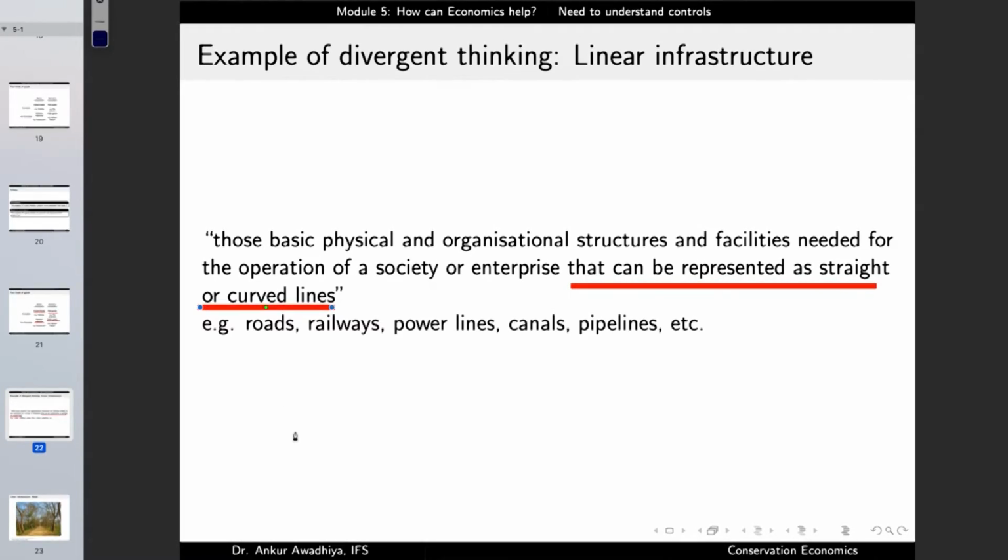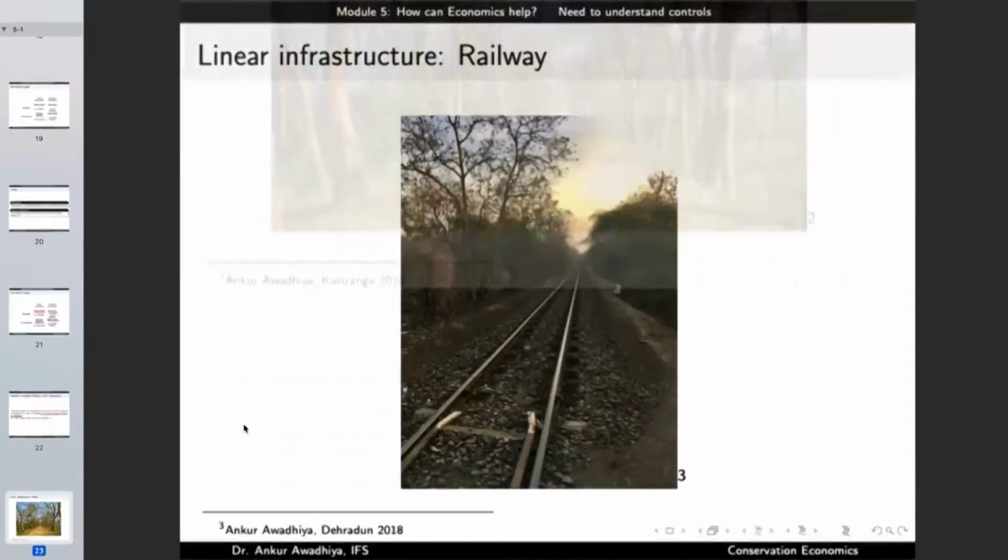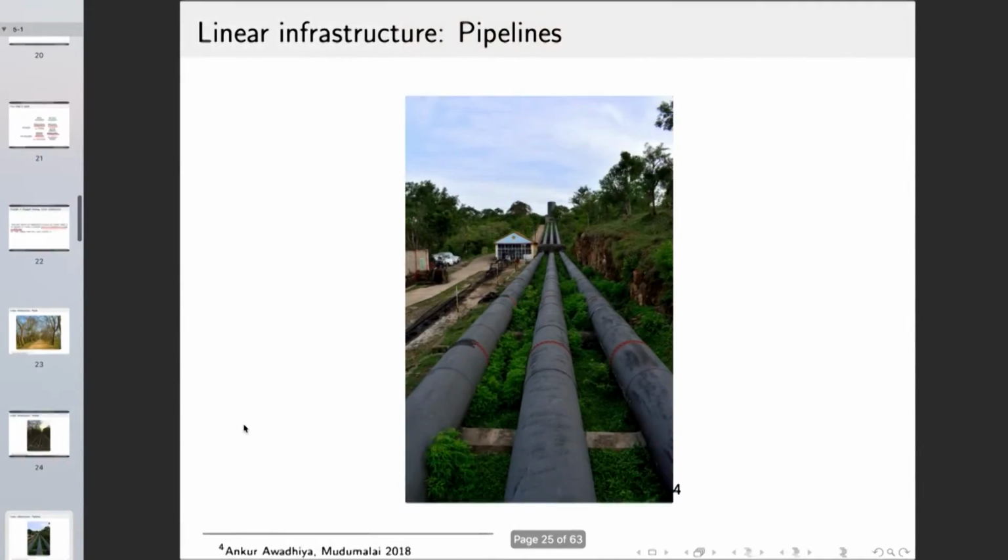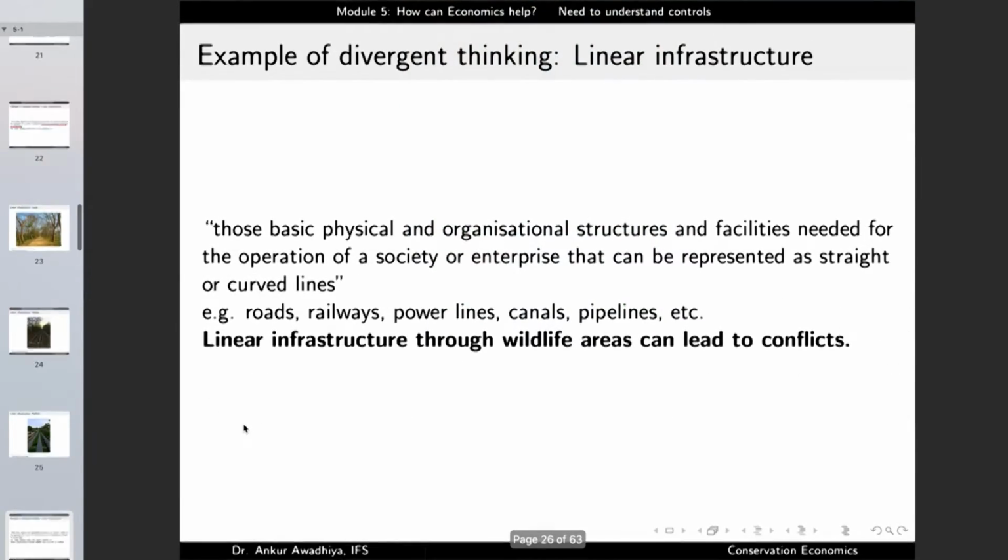And examples are roads, railways, power lines, canals, pipelines, and so on. So, a road is an infrastructure that you can represent either as a straight line between 2 points or as a curved line between 2 points. So, good examples are roads, railways, pipelines, and so on.